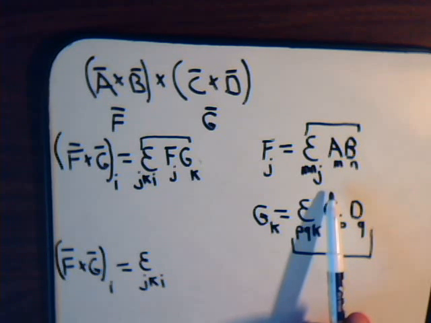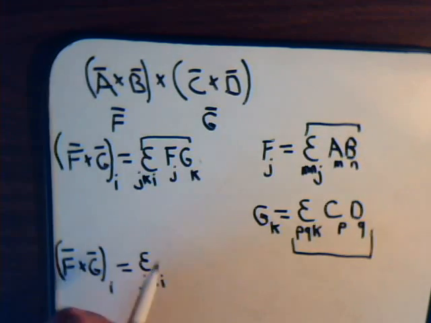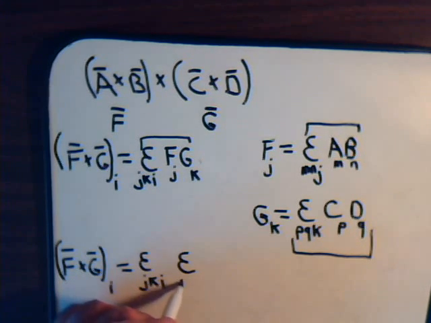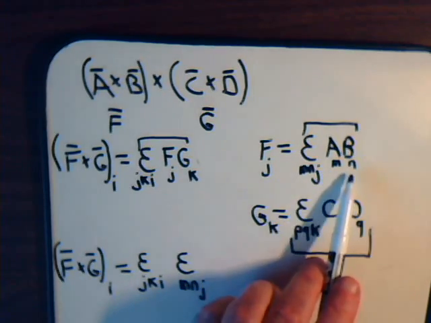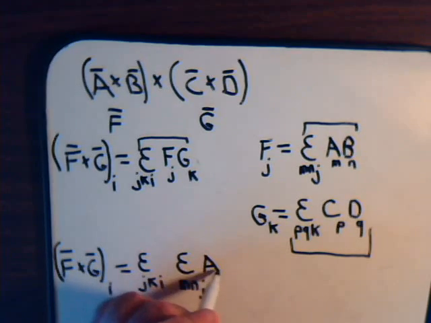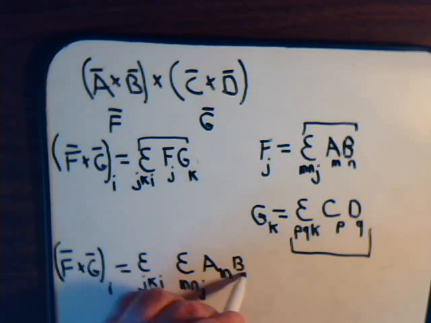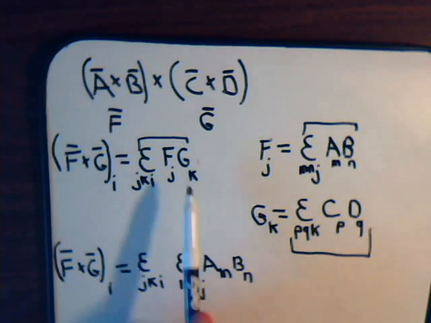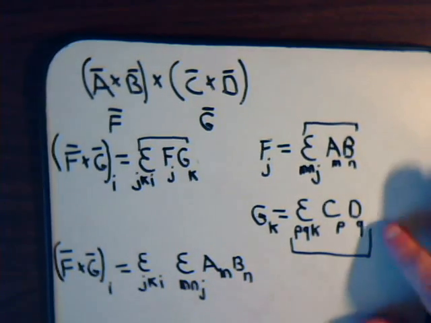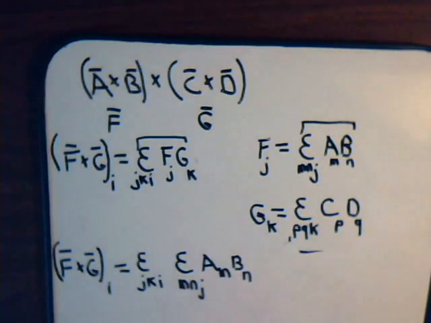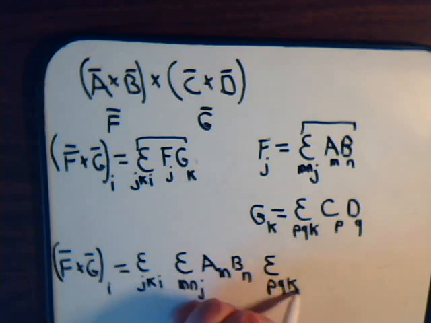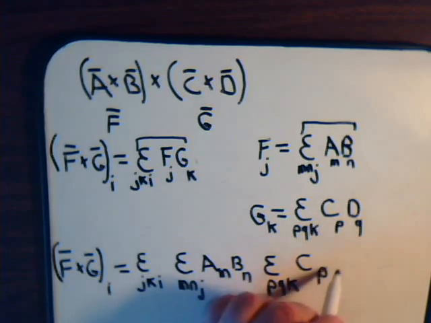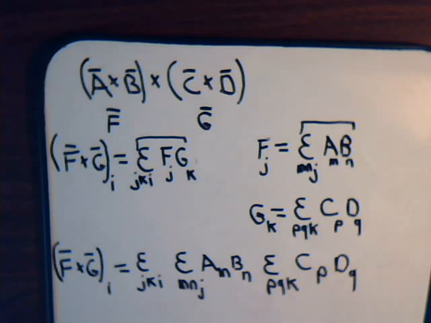So we have epsilon m n j, A sub m B sub n, times G of K. G of K is this: epsilon P Q K, C sub P, D sub Q.